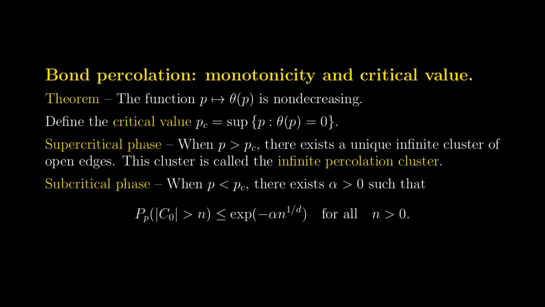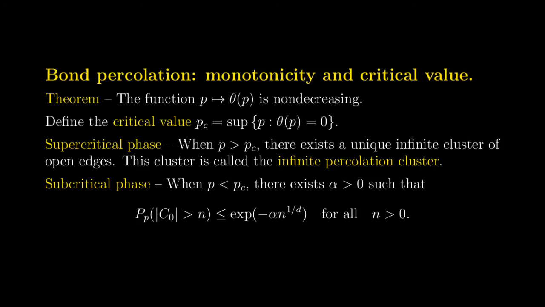By definition of the critical value p_c, in this case we know that the cluster starting at 0 is infinite not with probability 1, but only with strictly positive probability. It's possible that the cluster starting at 0 is finite, but in fact there is existence of an infinite cluster of open edges in this supercritical regime, and it says something even stronger.